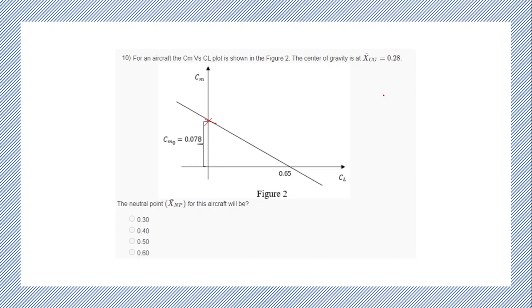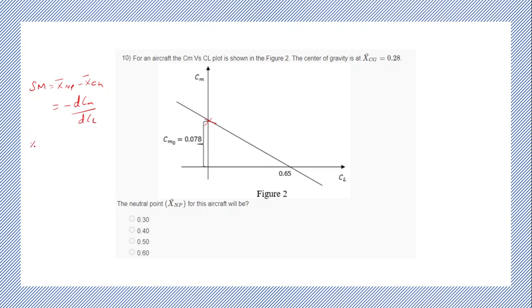CM alpha is the slope of this graph, right? That is not 0, right? It's negative. But it's a quantity. What is the slope of this graph? Exactly. So the static margin is x bar np minus x bar cg. It's also equal to minus dCM by dCL, right?